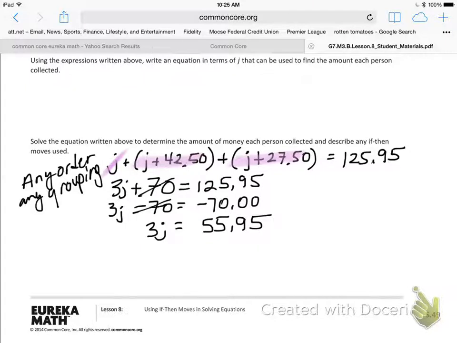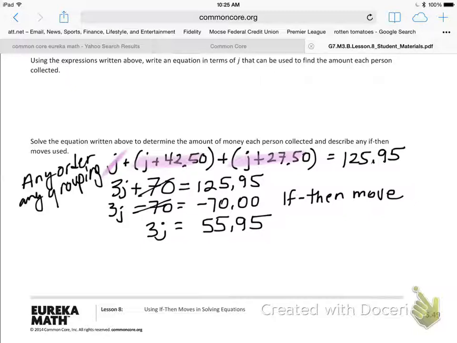So this right here was an if-then move, and it was using the subtraction property of equality. We're just subtracting 70 from both sides. There's another step they used with the 0, but we don't really need that. This right here is our additive identity.